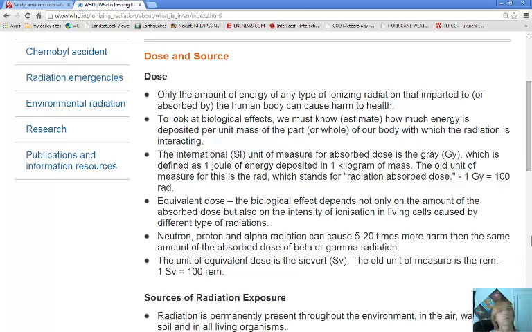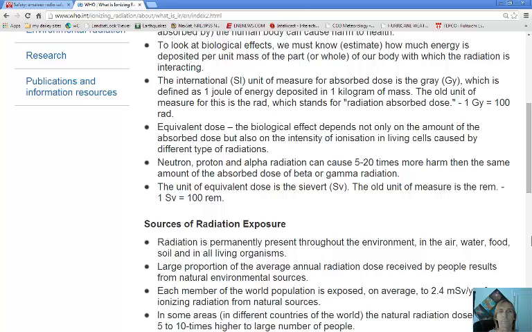Dose and source. Only the amount of energy of any type of ionizing radiation that is imparted to or absorbed by the human body can cause harm to health. To look at biological effects, we must estimate how much energy is deposited per unit mass of the part or whole of our body with which the radiation is interacting.